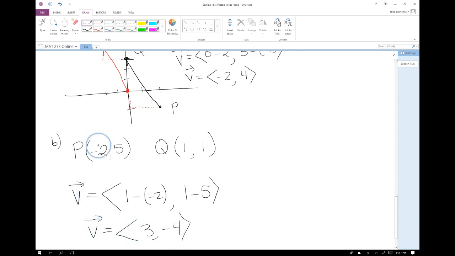So we said from the original P and Q, it seemed like it was pointing down to the right. We can confirm that now by looking at our component form, because if our initial point's now 0, 0, the terminal point is 3, -4, which is pointing down to quadrant 4, which is down and to the right. And we could draw a picture for this one the same we did with the last one.